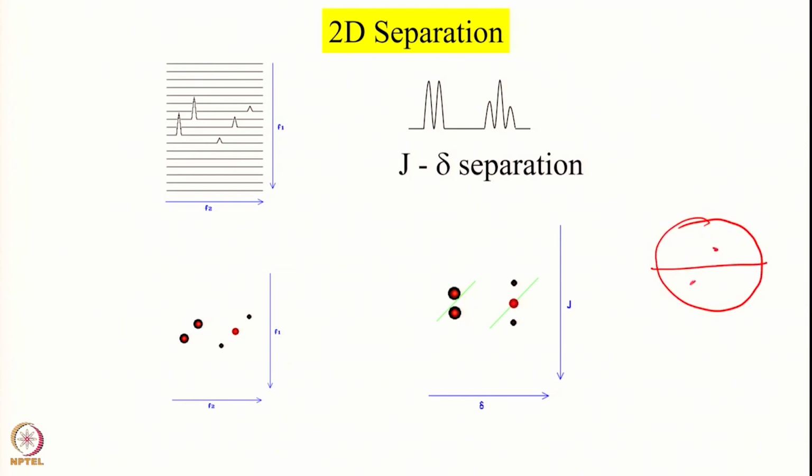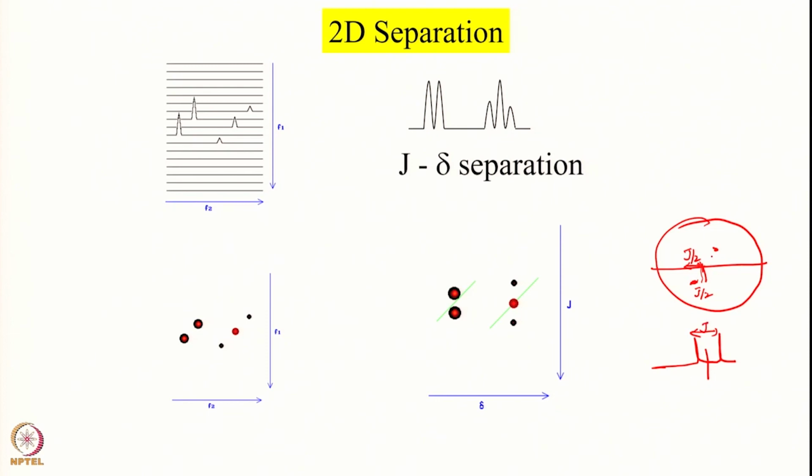So this is the center and this is the doublet. This is J by 2 and this is also J by 2. This total is J. From the center to the end it is J by 2.